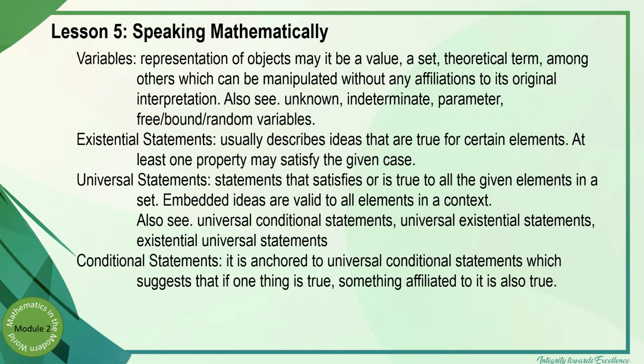Or in terms of other fields, meron tayong tinatawag na free, bound, random variable. So, it depends on the field of mathematics or the field of expertise that we are dealing with. Okay? So, parameter ginagamit siya kalimitan sa IT. Yung free, bound, or random variable sa probability naman siya. Okay? So, however, lahat naman yan, sila ay nagre-represent ng isang missing value.